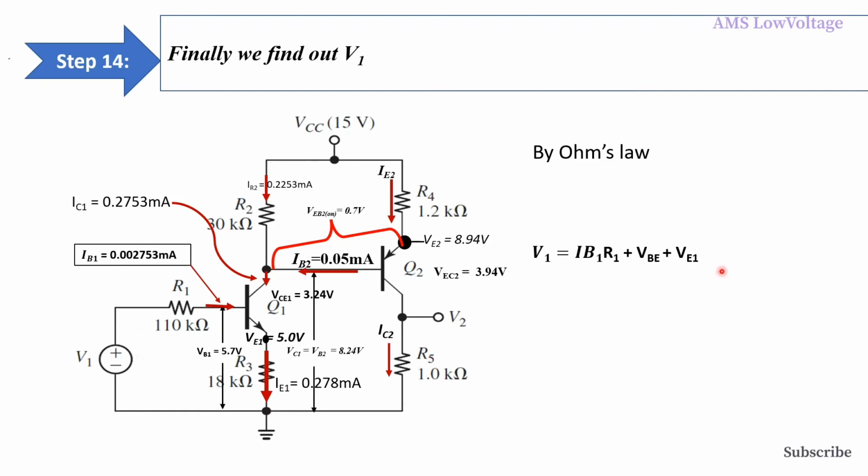By Ohm's law, V1 will be the voltage across this resistor R1, that means IB1 R1, plus the voltage inside this PN junction VBE, plus the voltage VE1.